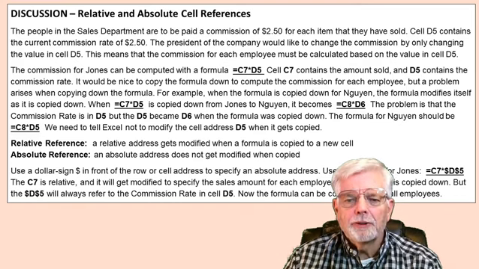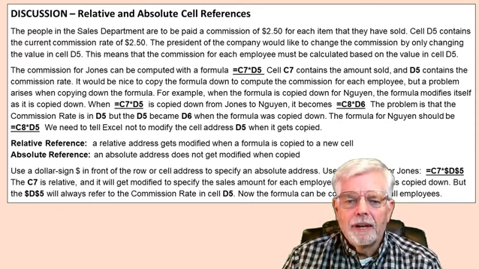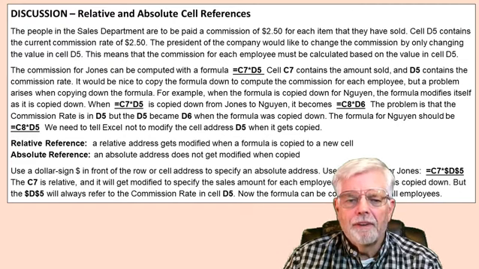This means that the commission for each employee must be calculated based on the value in cell F5. Cell C7 contains the amount sold, and F5 contains the commission rate. The commission for Jones in F8 can be computed with the formula equals C7 times F5.